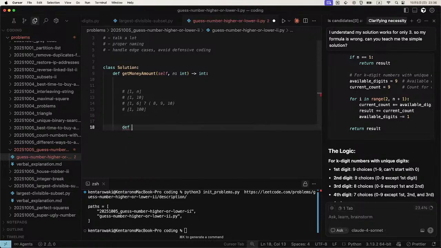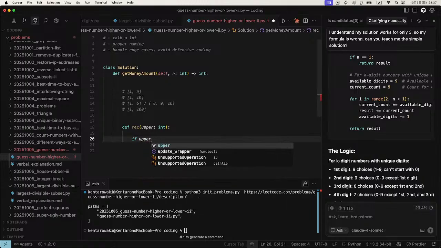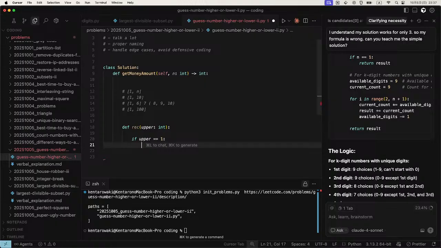Okay. So we can use recursion, and it takes one to n. Okay. If upper is 1, the cost is 0.